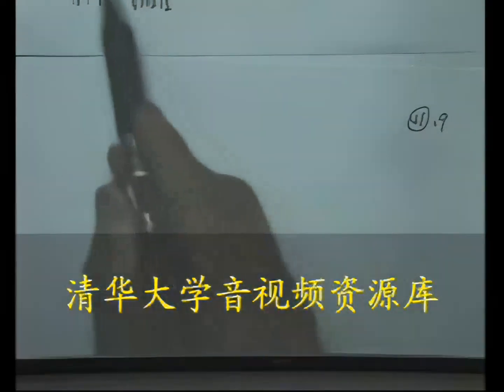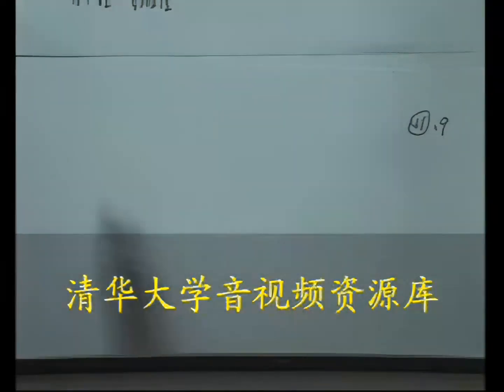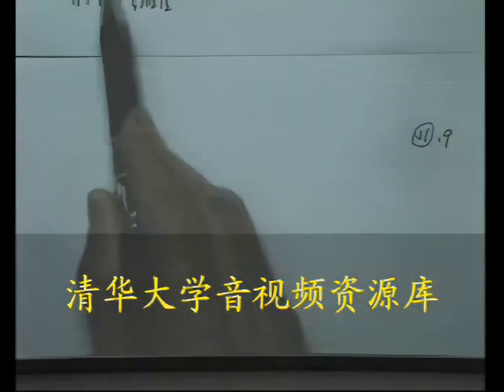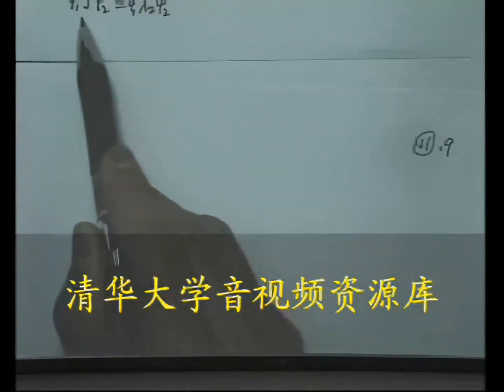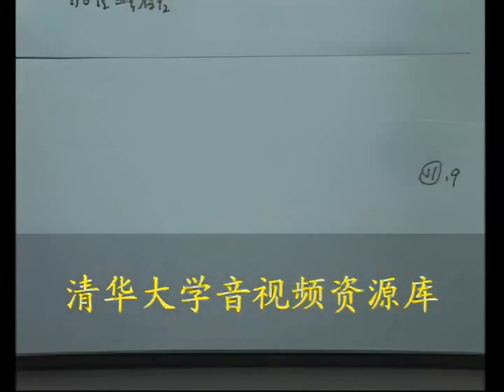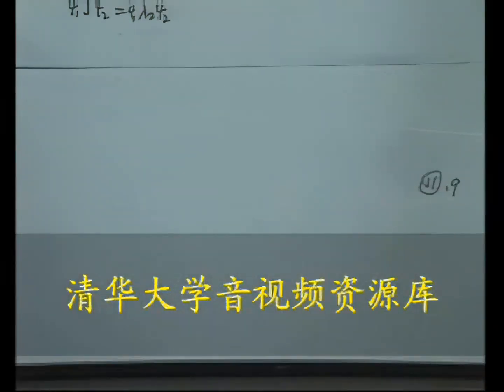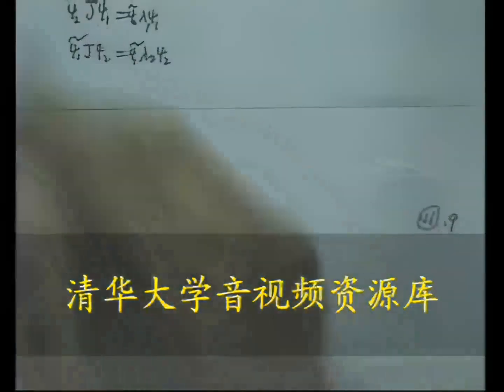We have already said that. If I take the tilde of this, I get this, but it's a number. It's a one-by-one matrix, so if you tilde it, it's the same thing as itself. So therefore, these two are the same.